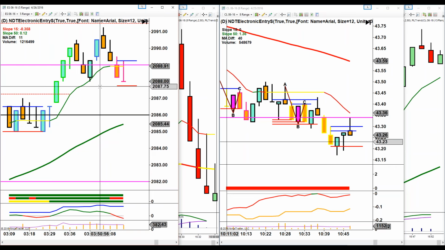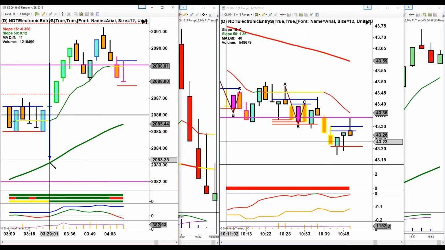The market profile that we use, right here, the value area high, value area low, the point of control. This takes a proprietary look back. It's not being jerked around by price that's forming on your trading chart today. We have it looking back a certain number of days.